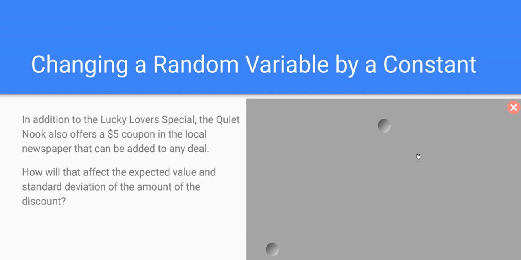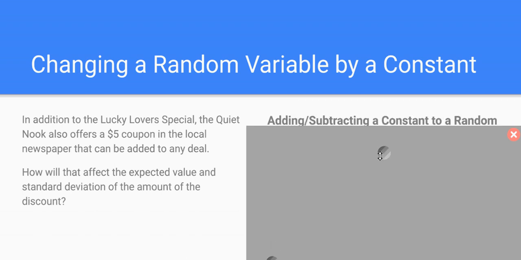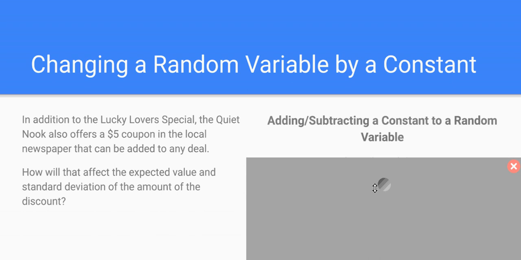So the mean tends to behave like we think it's going to behave. From the previous example, I believe the expected value is $5.83. So if somebody comes in with a coupon for an additional $5 off, that will take the average and increase it by $5, right?